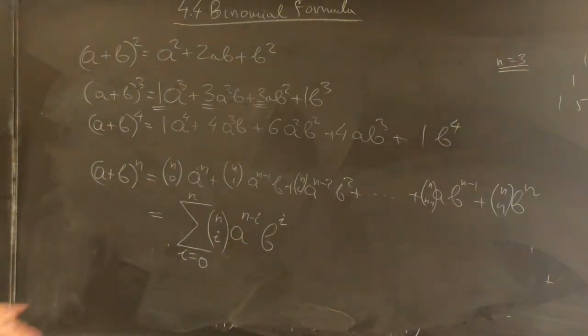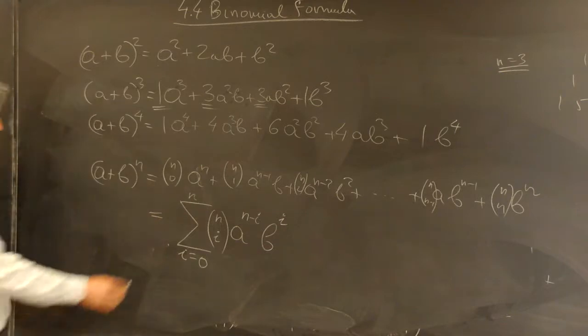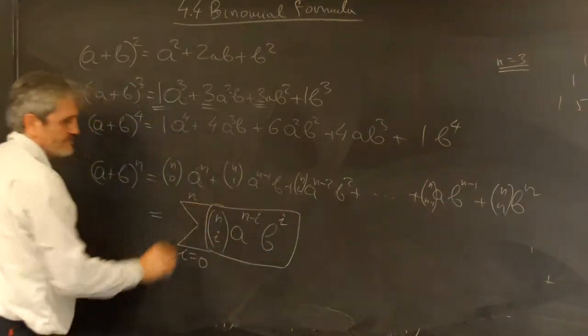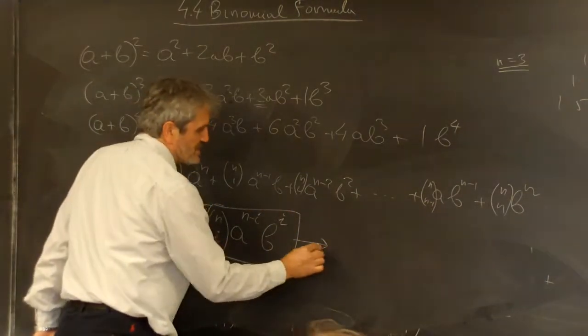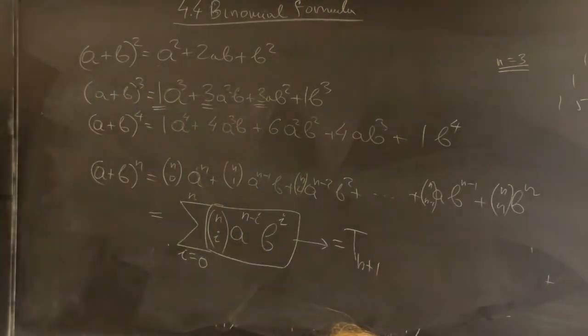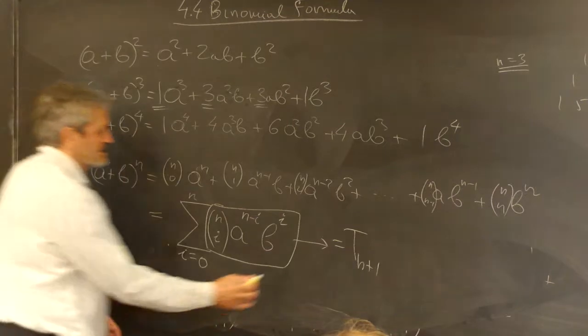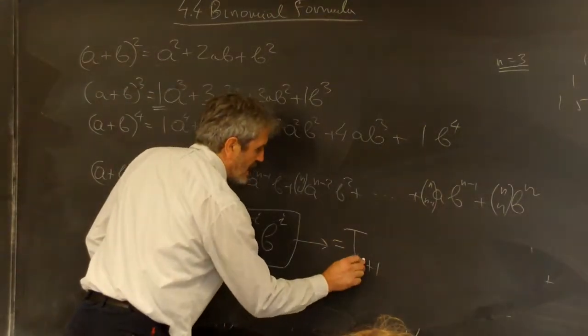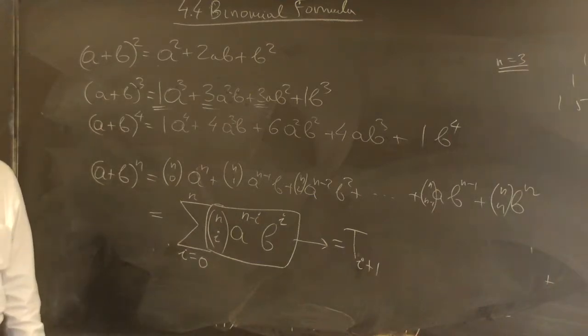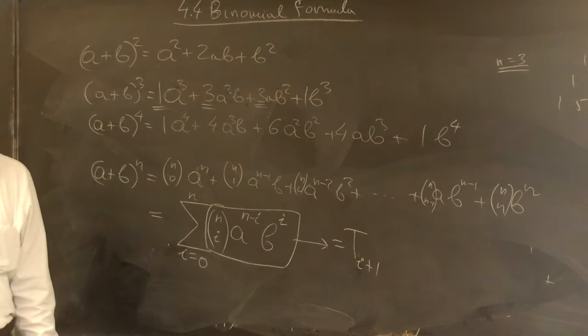Closed version, although this is the same. We also say that this member, we call this member T i plus 1. Why do we call it T i plus 1 and not T i? Because since it starts from 0, if it's the fifth, then i is 4.